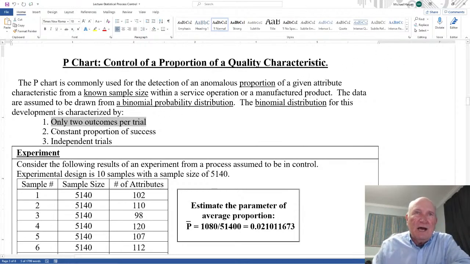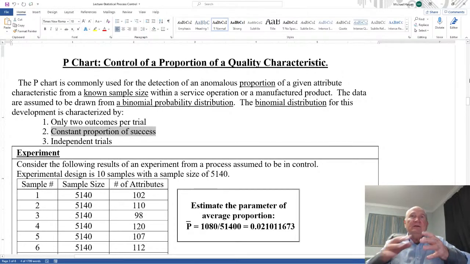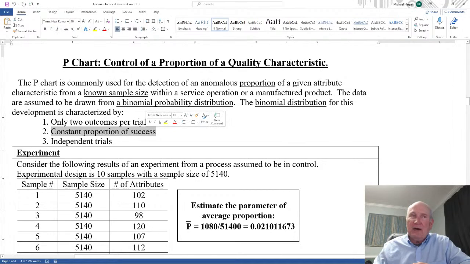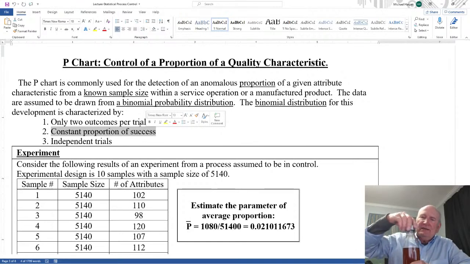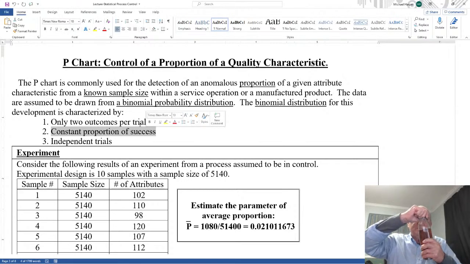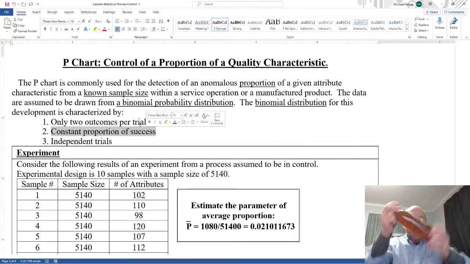The second is a constant proportion of success. In the binomial experiment, one trial is one flip of the coin. But you're not just measuring one at a time. A lot of times you're measuring a known sample size. Suppose you're measuring these bottles, and the cap on top, once it's put on, does it leak or does it not leak?